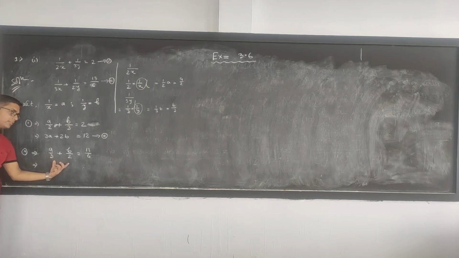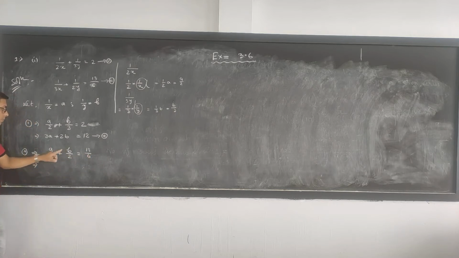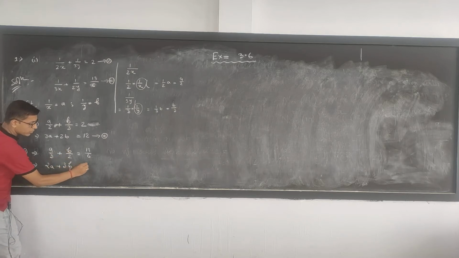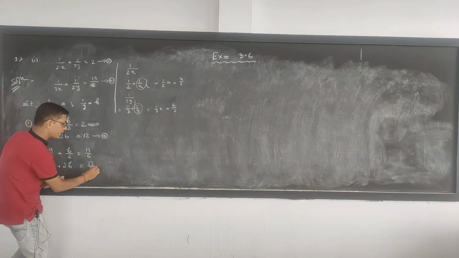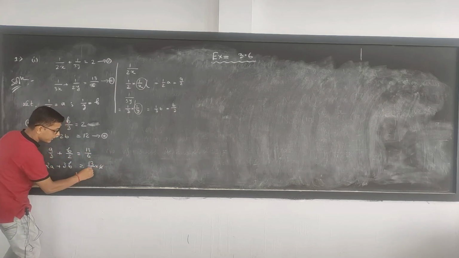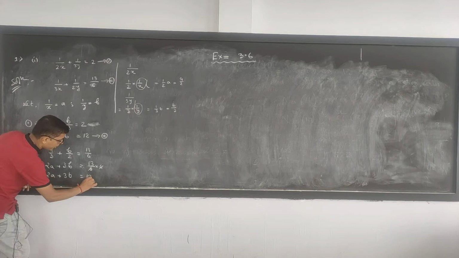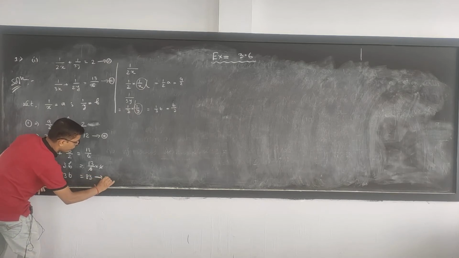That is once again 6. 2 into a is 2a, plus 3 into b is 3b, is equal to 13 by 6. The LCM will be multiplied on that side, so this 6 cancels. That is 2a plus 3b is equal to 13. This is equation number 4.